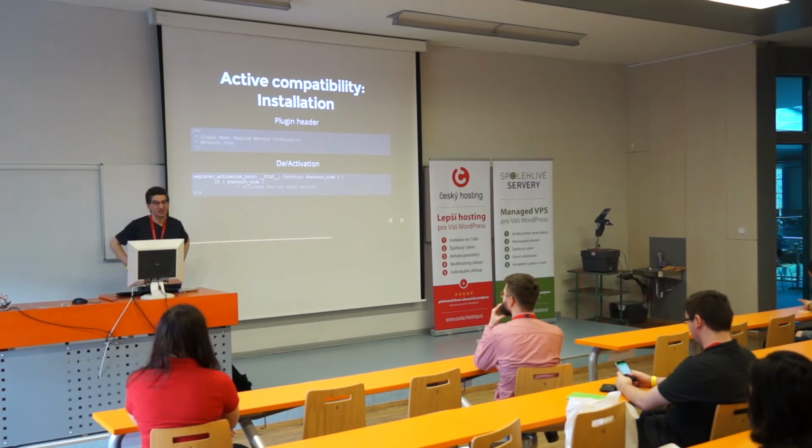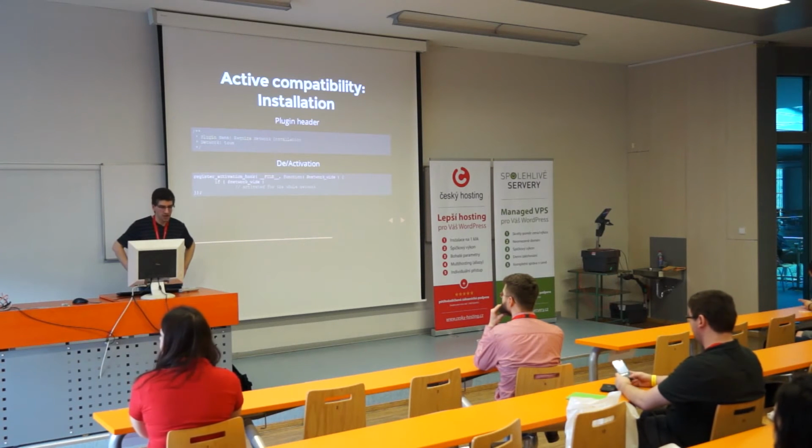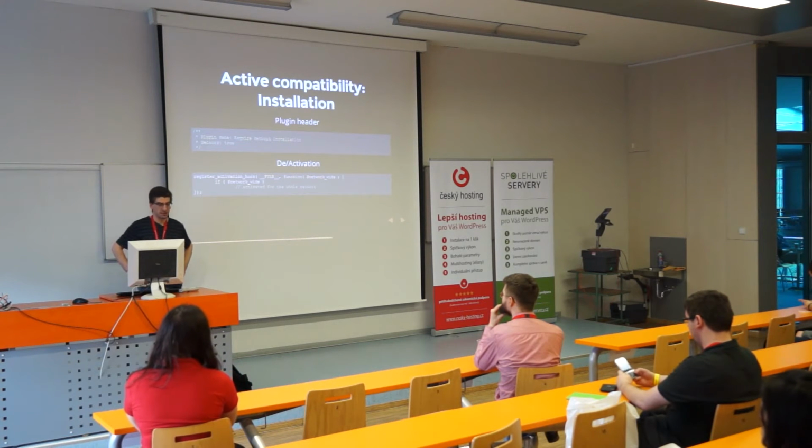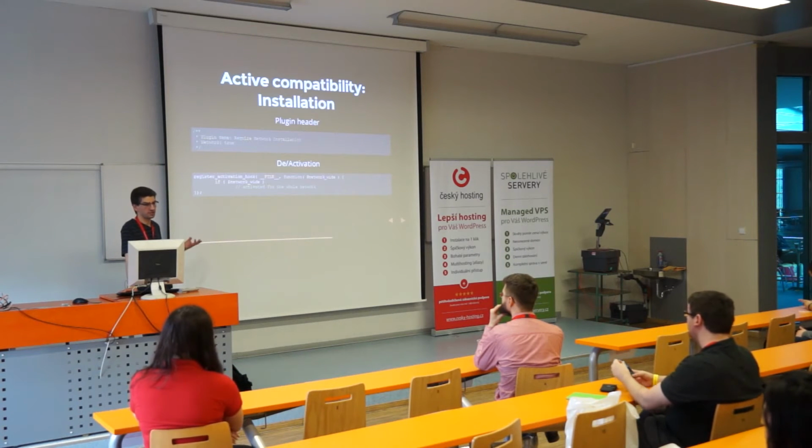Active compatibility means you really try to work in a network. The first step is to require a network installation. This is the plugin header Network: true. This looks like a Boolean, but WordPress never checks for false. It just searches for true. So saying Network: false won't do anything.